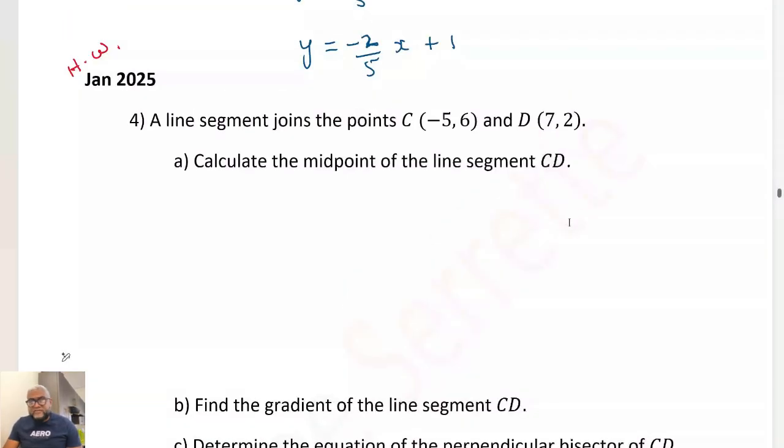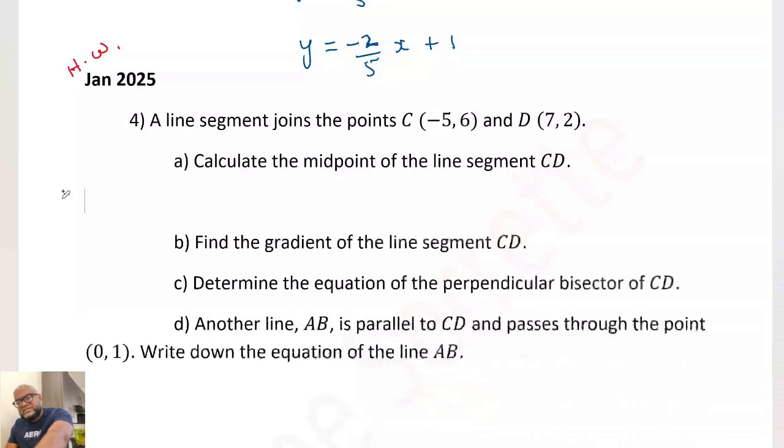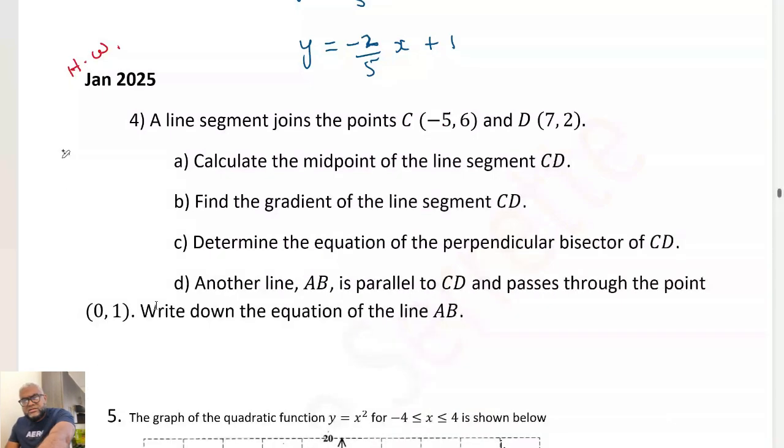January 2025. There we go. We're questioning some people again. Zaria, we have 2 coordinates. A line segment joins the point C, which is, wait, first of all, how many people did this homework? Raise your hand. Aiden alone?